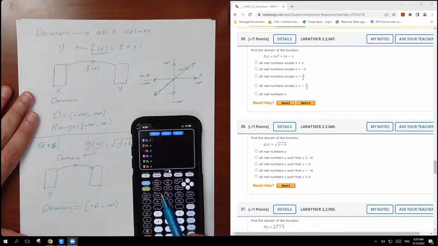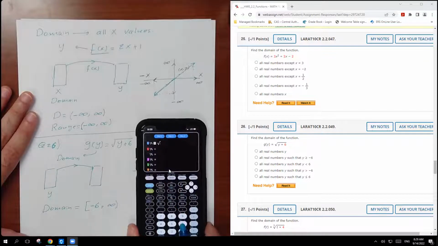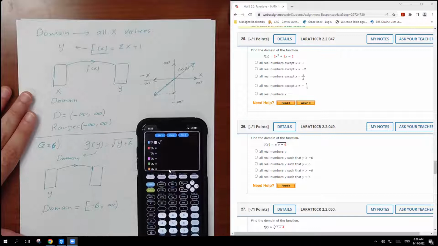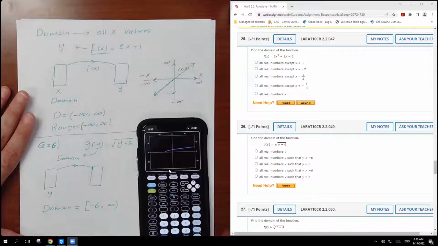You're going to press the second function here and x squared. So this is the square root. Type y, x, it doesn't matter. It's the same variable plus 6. Because I can't type y, I'm going to type x plus 6. Then graph. Check the function.